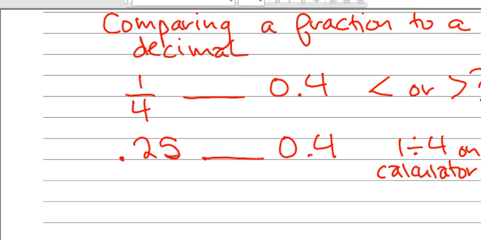That will give you your decimal. So who's bigger, 0.25 or 0.4, or 25 cents or 40 cents? Well, 0.25 is less than 0.4. So just put the less than in the blank and you're done.